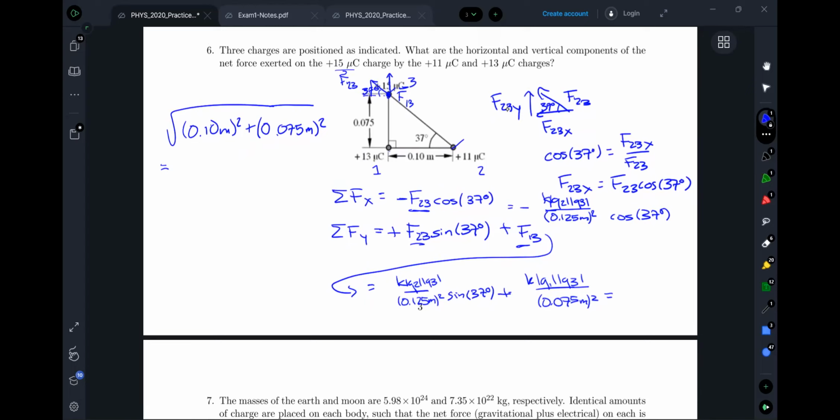Y'all try that to see what components you get, and I will also put it in and see if we get the same thing.